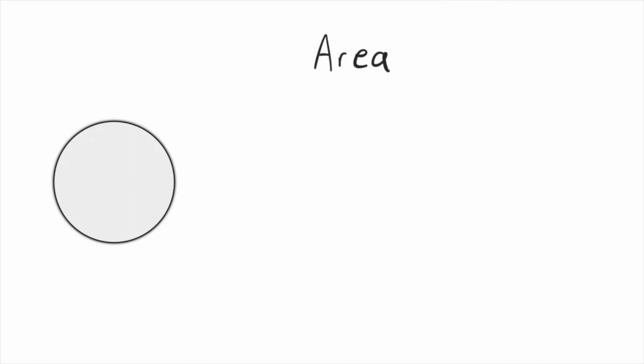So again, we're going to use that pi symbol. It is very important, except now, instead of using the diameter, like we did before, what we're actually looking for now is the value of the radius. Now, if this radius happens to be 10, let's say 10 centimeters this time, what we've actually found out is that if we do our radius times our radius, which will give us 10 times 10 centimeters squared.